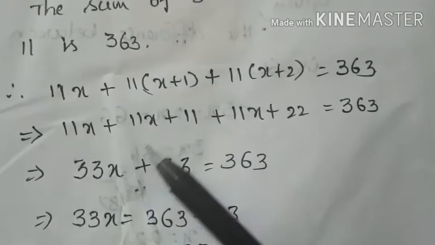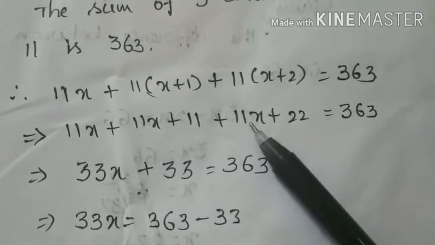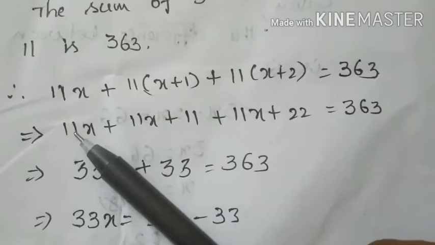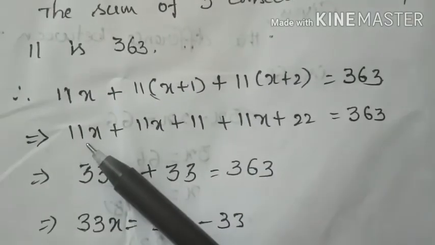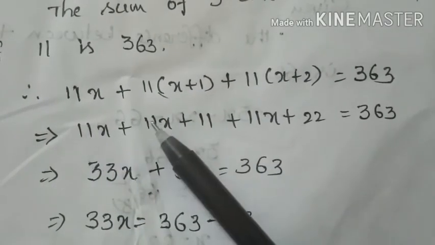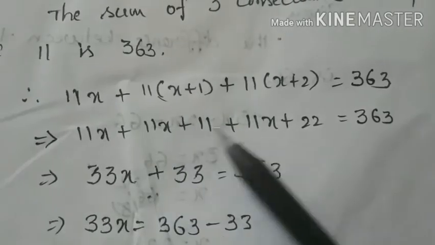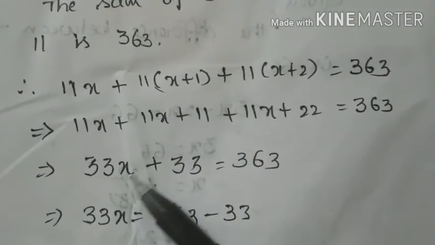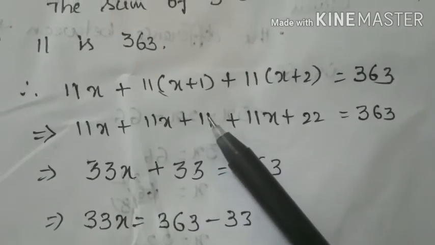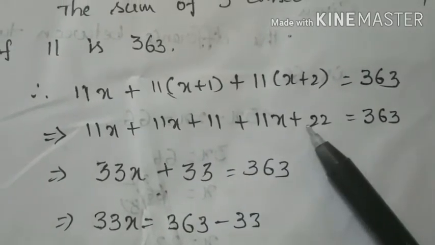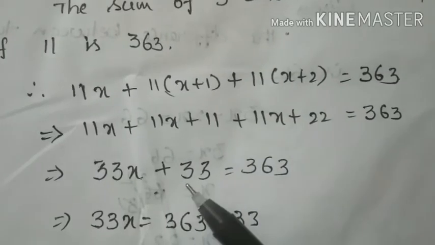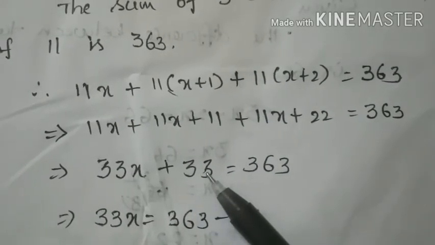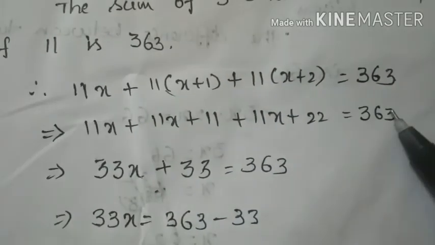So how many 11x's do we have? 11 plus 11 is 22, 22 plus 11 is 33. So 33x plus the constants, 11 plus 22, which means 33, plus 33 is equal to 363.